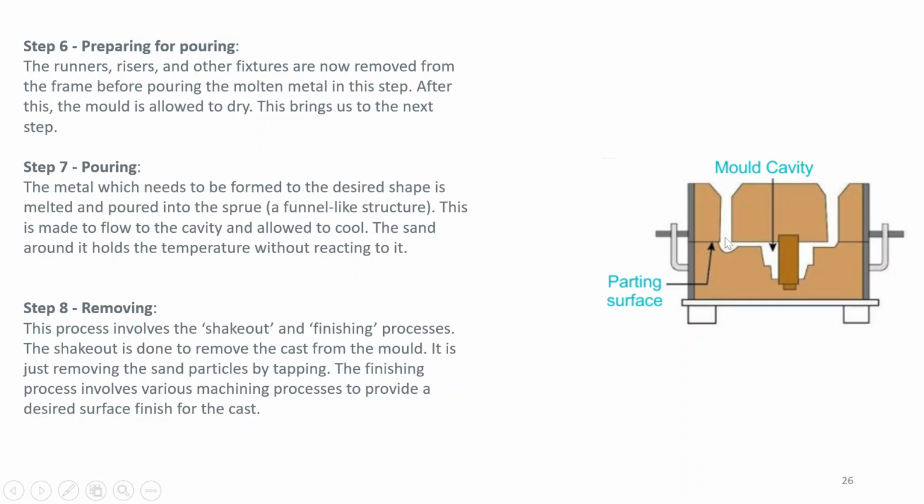Because of the sticking of the sand particles, you need to clean the entire surface, and there might be some allowances as well, so you need to make sure that you remove those as well by using machining.